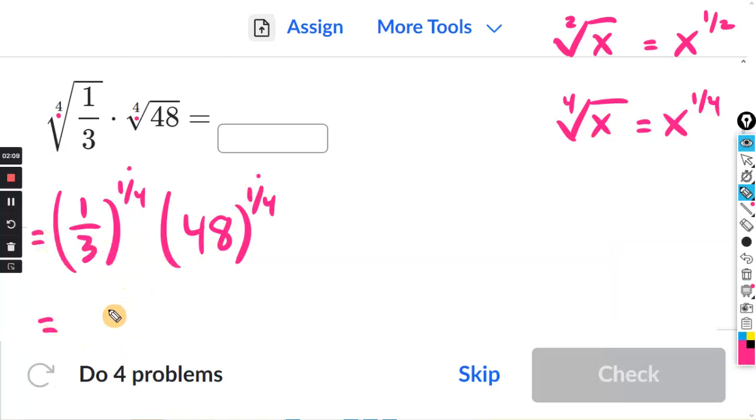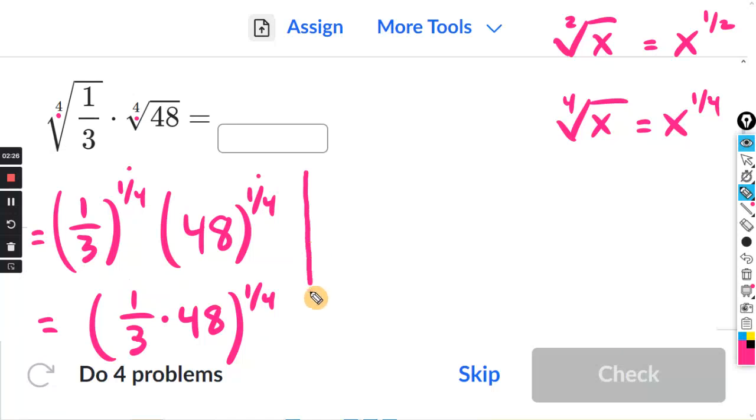So this is going to be 1/3 times 48, and that whole thing is to the power of 1/4. I am allowed to multiply these because the exponents match. 1/3 times 48, or 48 divided by 3, is just 16. And that's still to the 1/4 power.